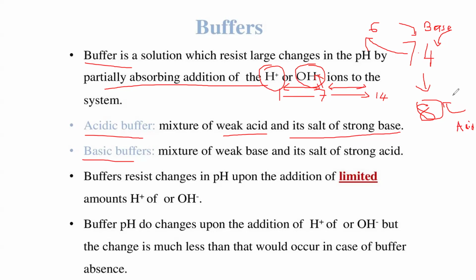And if your pH increases and you want to bring it down, then you use an acidic buffer. So buffers resist changes in pH by the limited addition of hydrogen ions or OH ions. Limited means a very small amount that you add, and that will bring the pH back to the normal state.